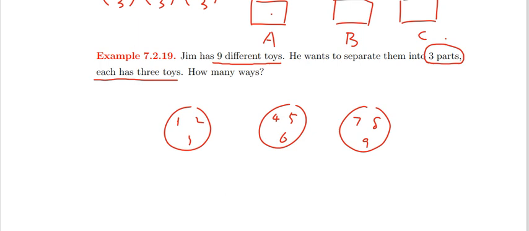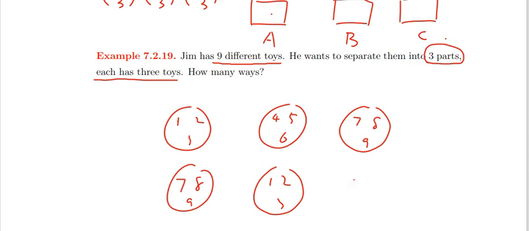So here we just split the 9 into 3 parts. Okay, so at first we just pick like 7, 8, 9, put them together, and 1, 2, 3 together as the parts. So those 2 things are the same.